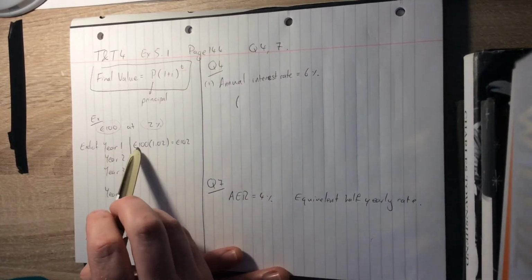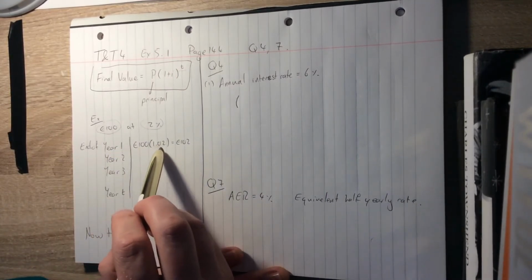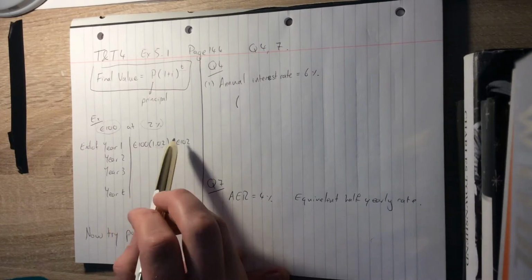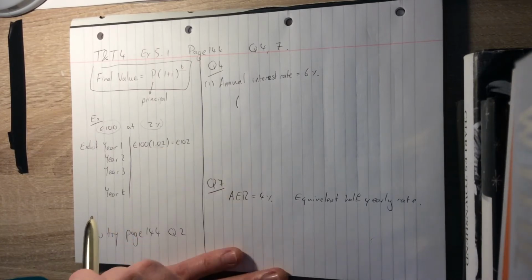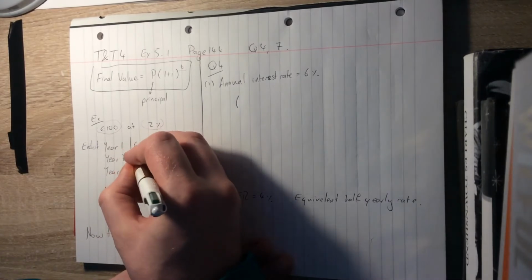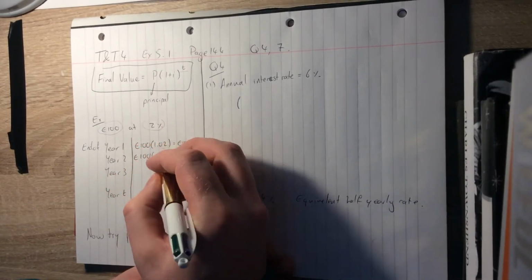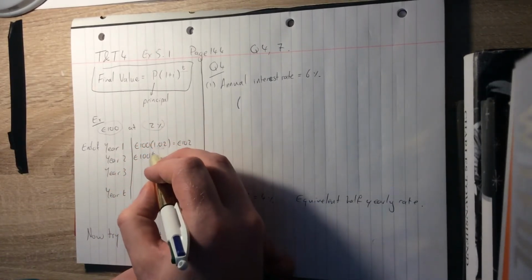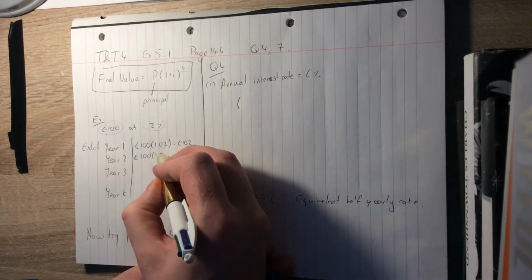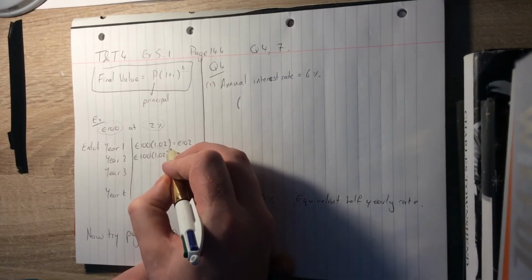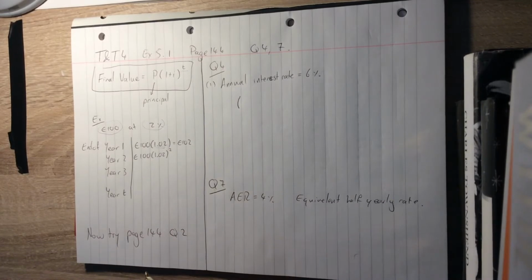So at the end of year one, your €100 would have increased by 2%, so you multiply it by 1.02, giving you €102. At the end of year two, it would have increased by 1.02 again. So you multiply by 1.02 and again by 1.02, which is 1.02 squared.